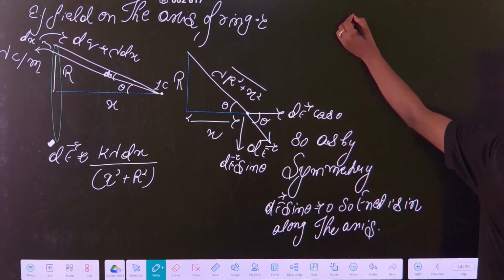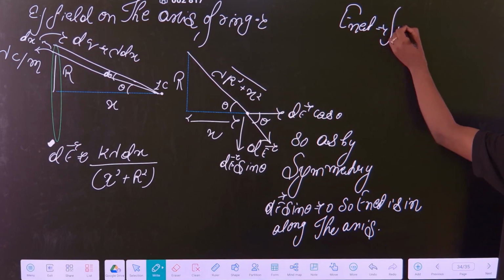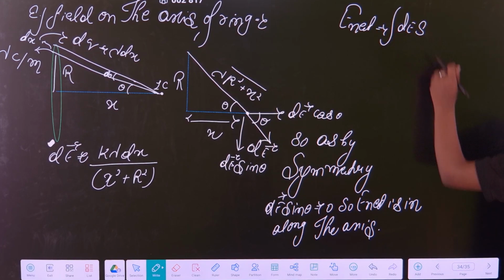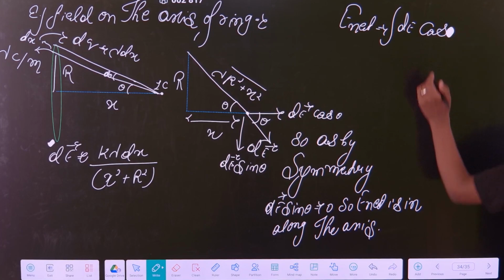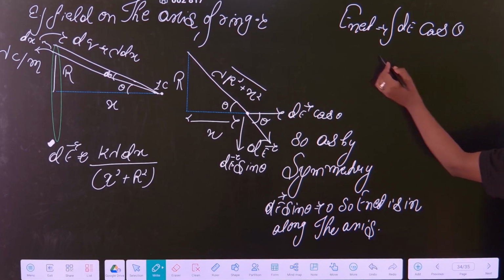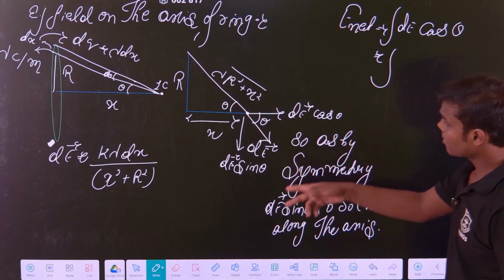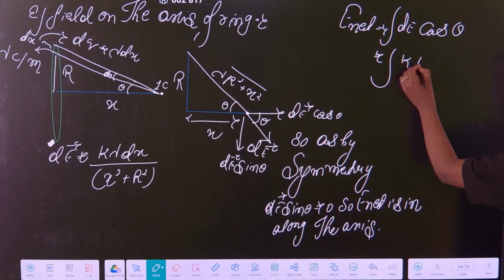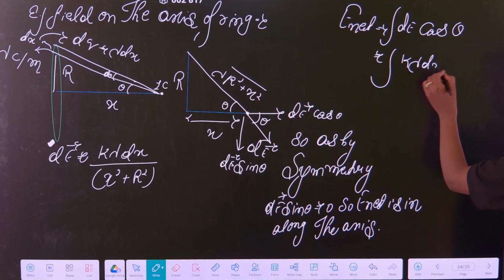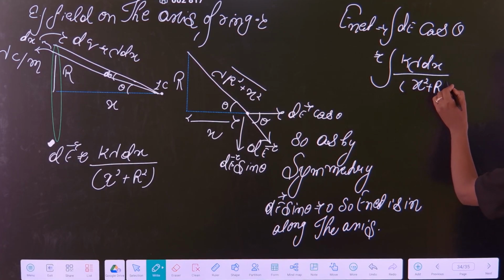So what is my E net? That is the integration of dE cos theta. Now just integrate this. What is dE? The dE value is given, that is k lambda dx divided by x square plus r square.